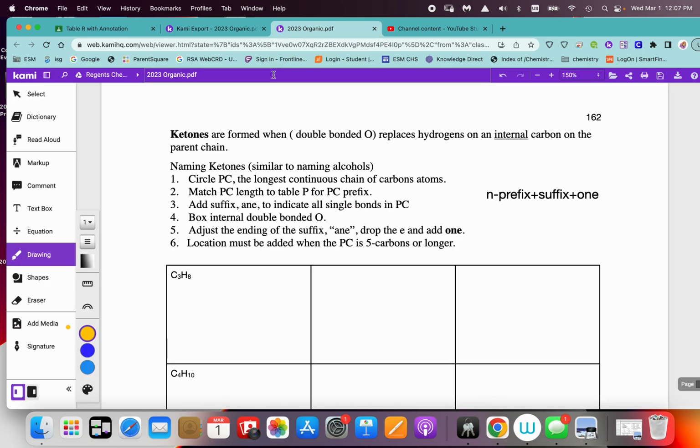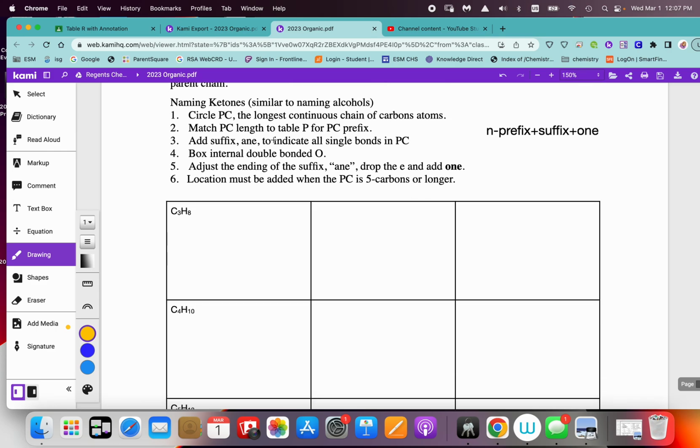So here we go. We're going to start off here with this structure. So we have a 3-carbon chain, and it requires 8 hydrogens to be attached to it.